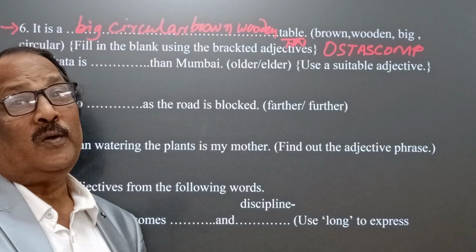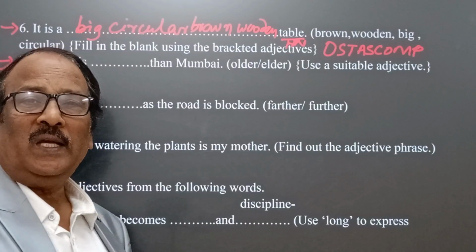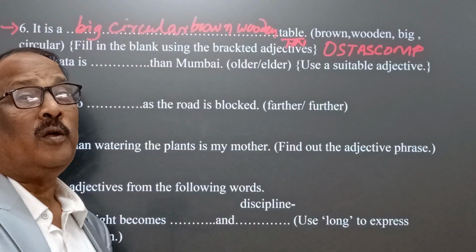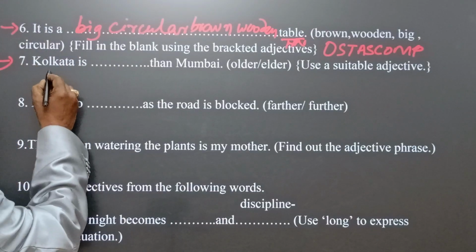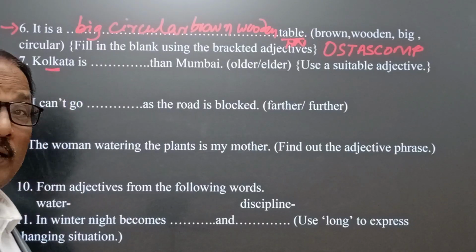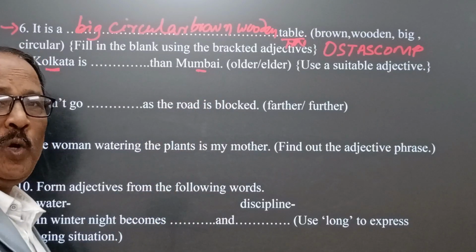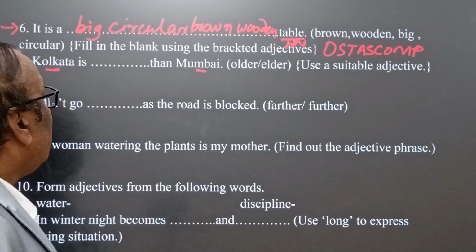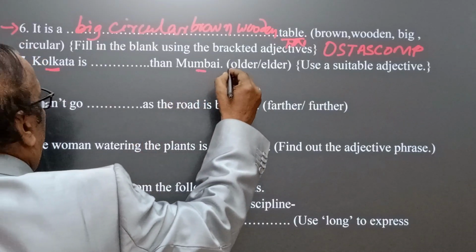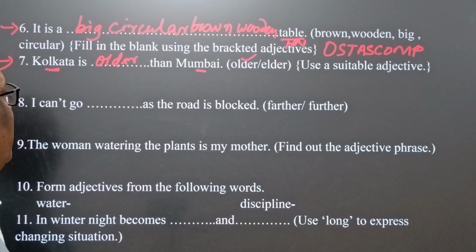But older is used whenever a person or thing or place is senior to another person or thing or place. Here we find Kolkata, a metropolitan city, and Mumbai, also another metropolitan city of India. In this case, older is the right answer. Kolkata is older than Mumbai.